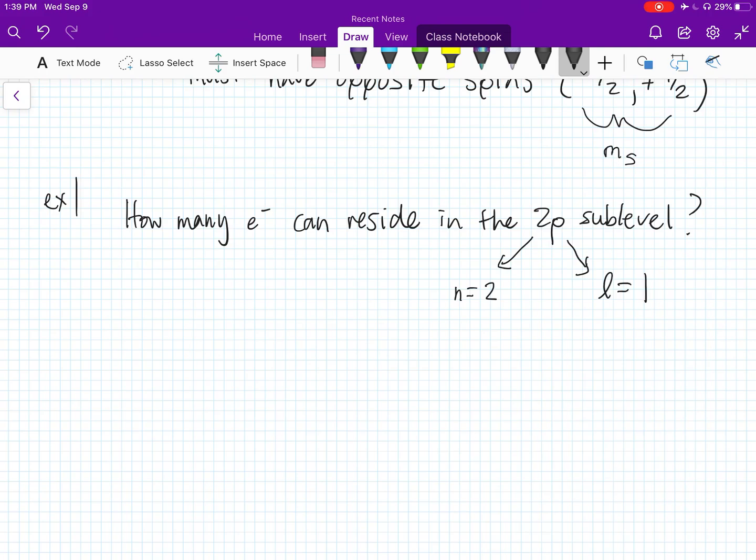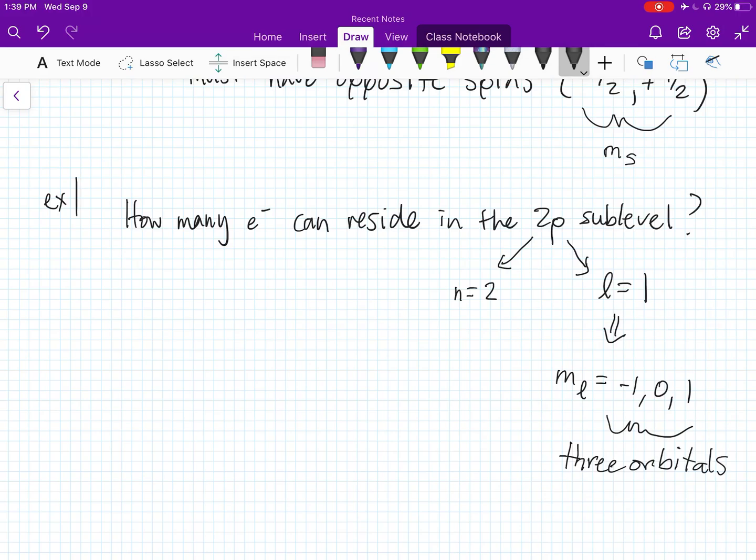So if L equals 1, the multiplicity is 2L plus 1, or 3. The number of m sub L values tells us that there are 3 orbitals.